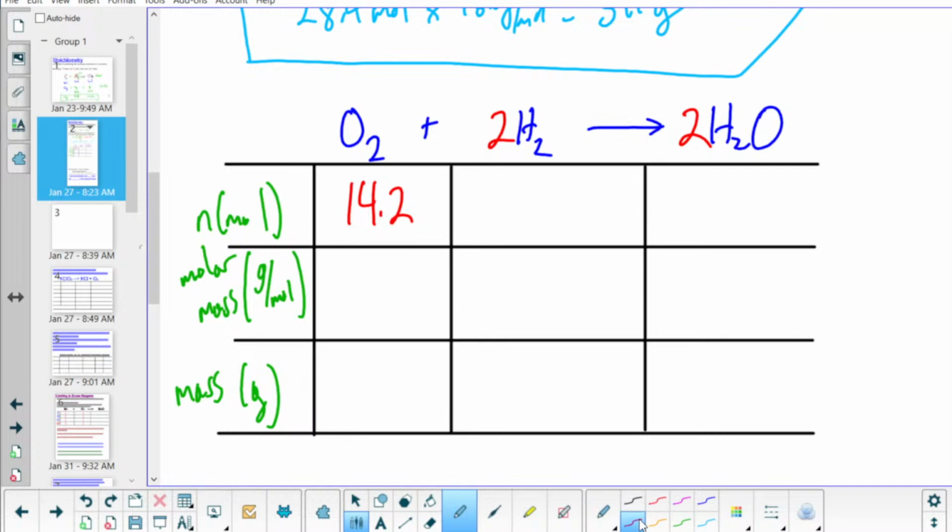And then you can start filling out anything else you think you might need. This is the area for the molar mass. So if you thought you needed it, you'd put 32.0 grams. Well, you wouldn't have to put the unit. We already put it in the beginning. 32.0, and you can keep going along, put anything you want in there. Many of you calculated down here that this was 454 grams.